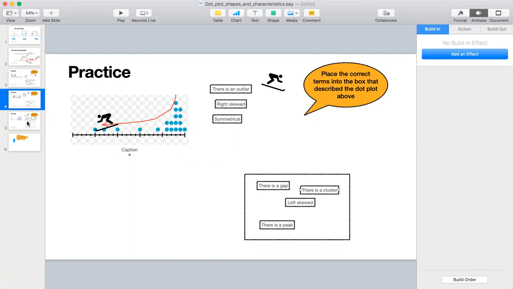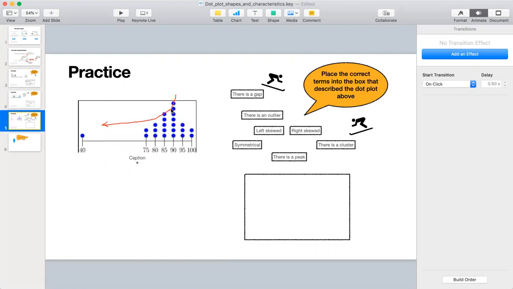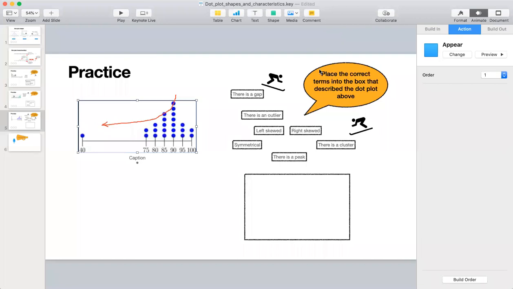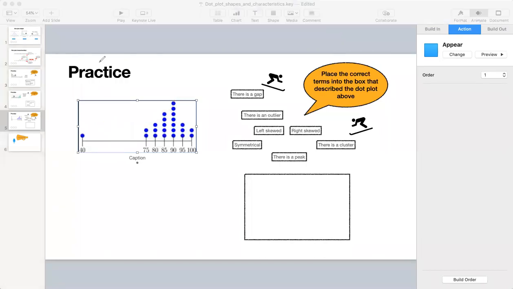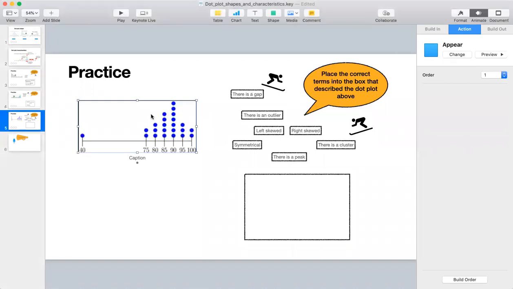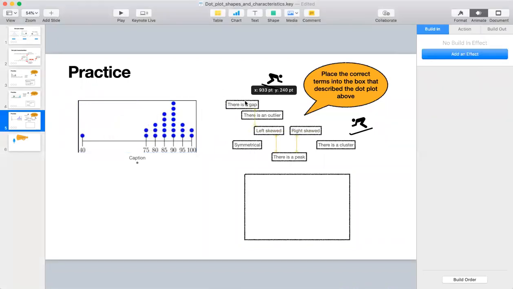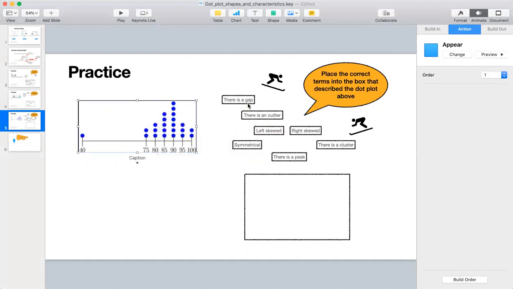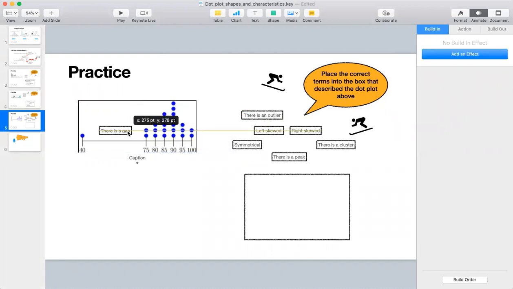Let's do the last one. Okay, I would like to clear my page. All right. Look at this practice. Is there any gap? There's a gap, right?